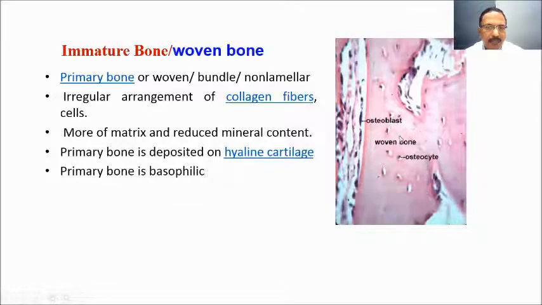You may get this sort of bone at a fracture site, when the fracture is healing; at such sites we get this woven bone. Woven bone is non-lamellar in nature, with irregularly arranged collagen fibers and osteoid present around it. So primary bone, which is deposited on the hyaline cartilage, is also an example of woven bone.